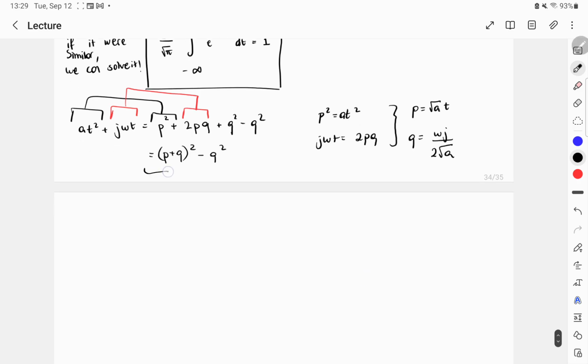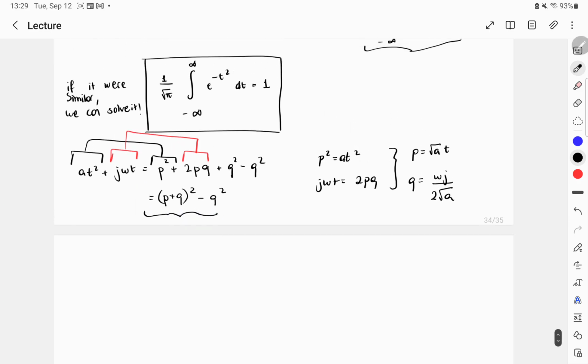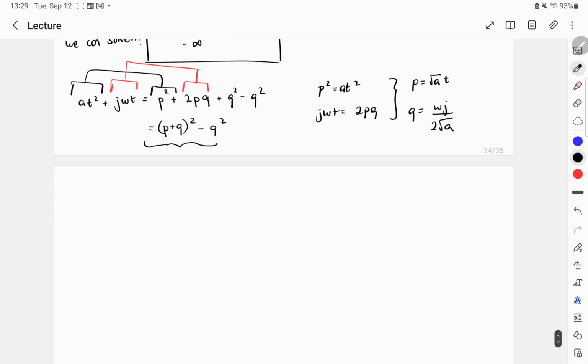If we need to express it in this term so that we can reach our target, we want this expression, so we are just going to write square root of at plus ωj over 2 square root of a, squared, minus the second power of q, which will give us j squared. j squared is minus 1. That's why I will just write it like this.